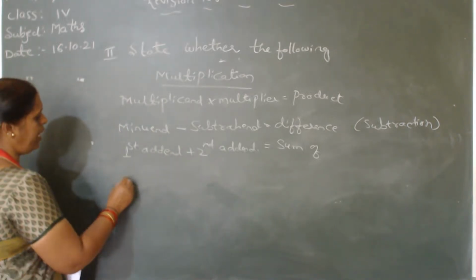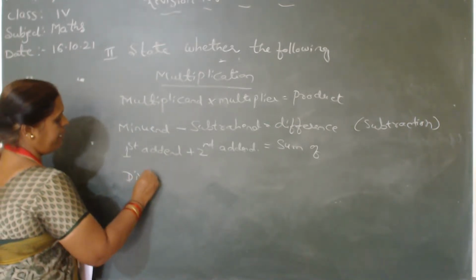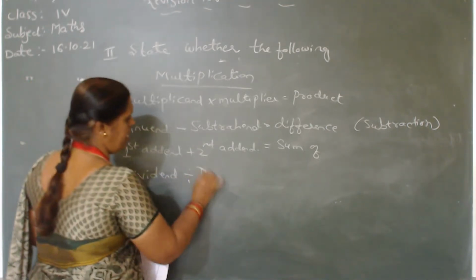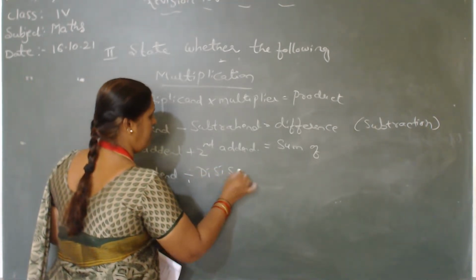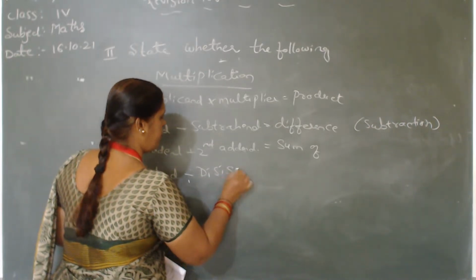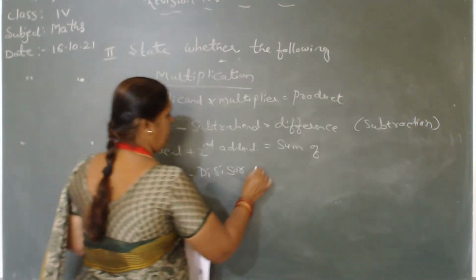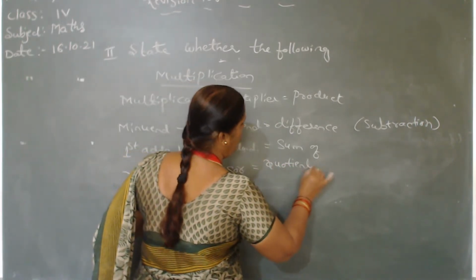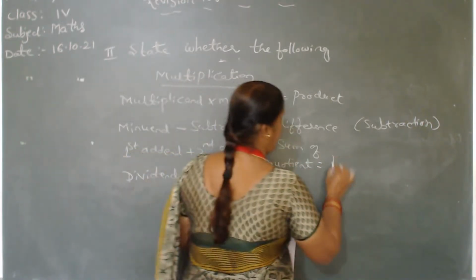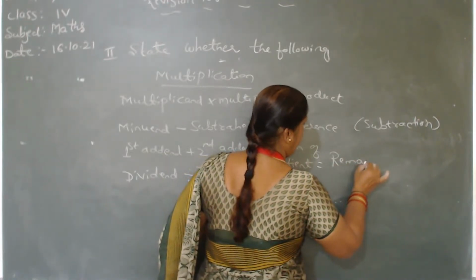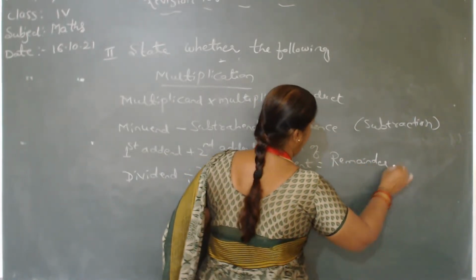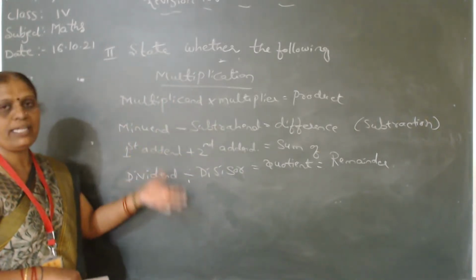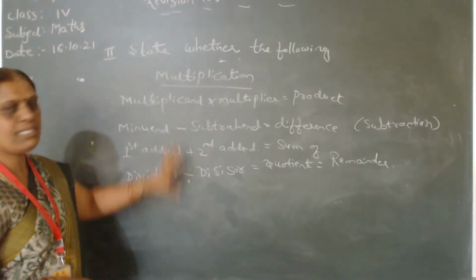In division we have dividend, divisor, equal to quotient. And one more we will get is the remainder. These all are the four operations and the terms we will get in each.